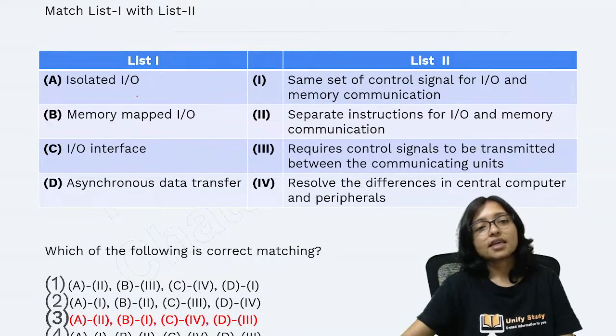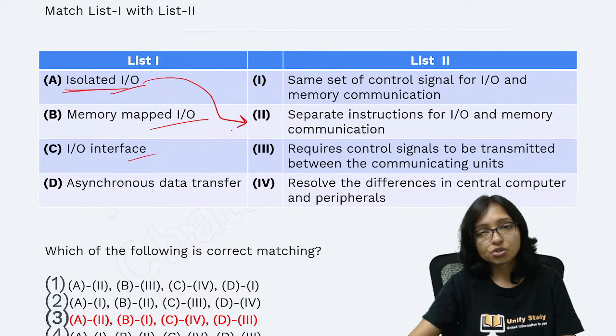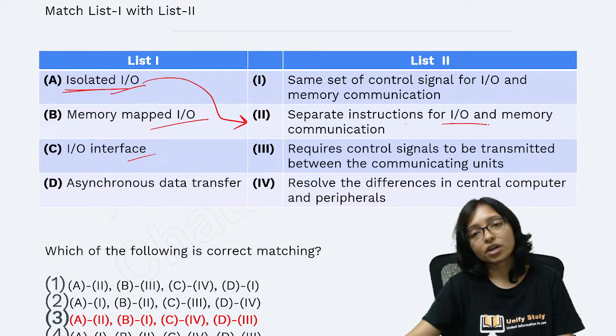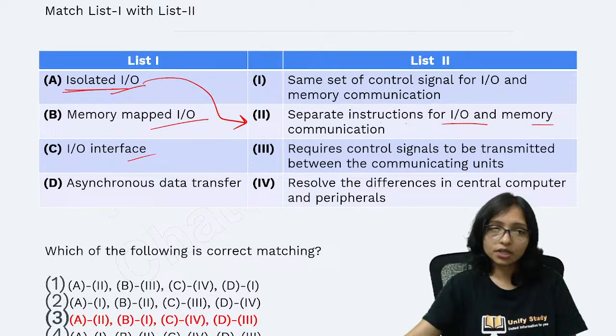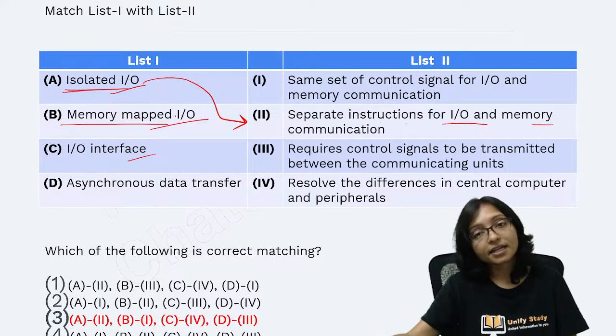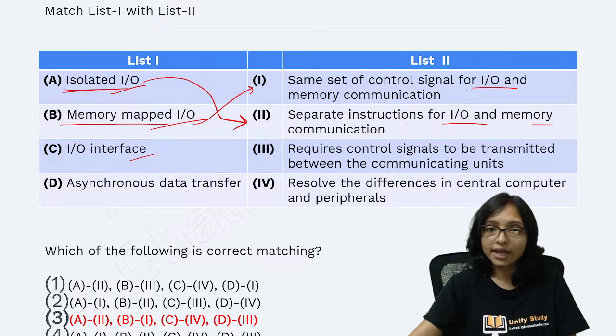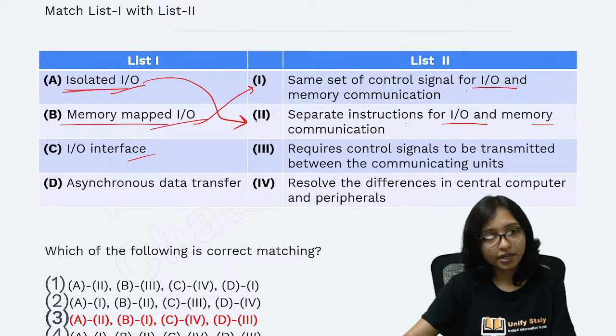Here you can see isolated IO, memory mapped IO, interface IO. Isolated means separate. So separate instruction for input output memory communication. Memory mapped, they are connected with the control signal, same set of control signals for the input output and the memory connection, right?